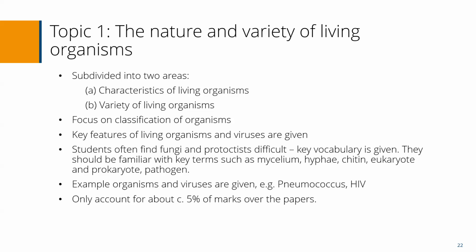The second focuses on the classification of organisms. So it looks at the variety of organisms, at plants and animals and fungi and protists, and describes the common features shown by prokaryotic organisms such as bacteria, and then understanding the term pathogens and the known pathogens: the fungi, the bacteria, viruses come into that.